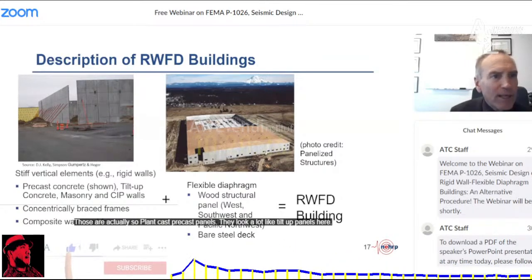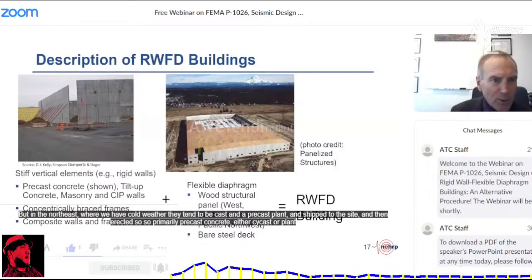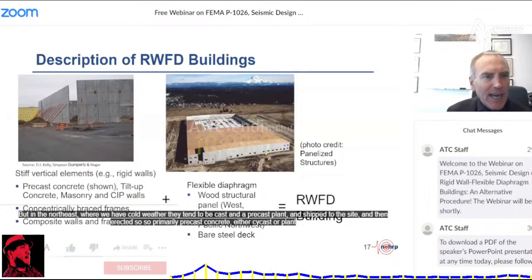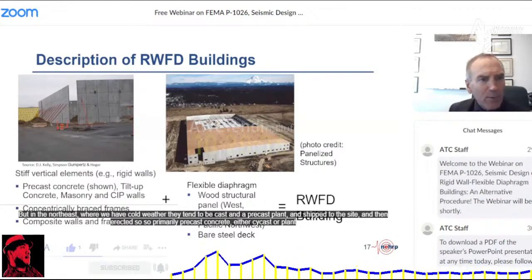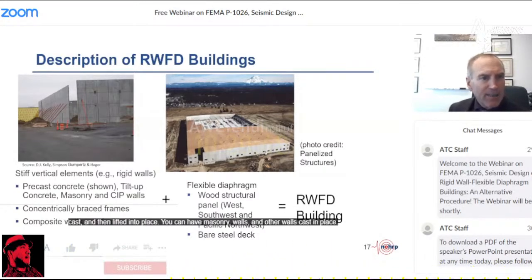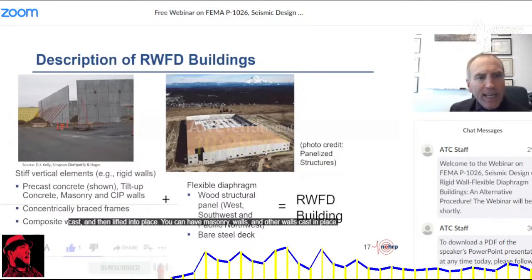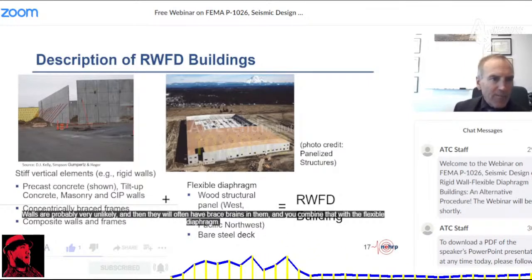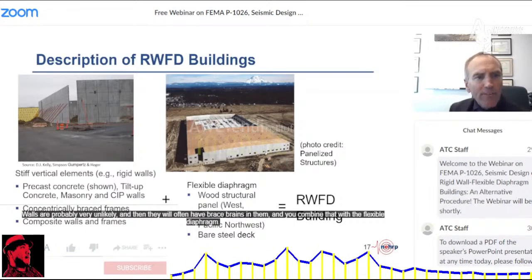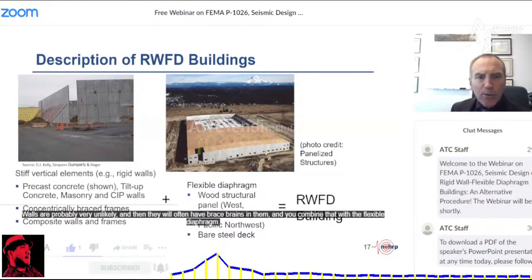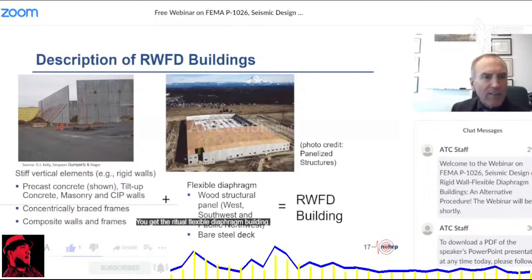They look a lot like tilt-up panels here, but in the Northeast, where we have cold weather, they tend to be cast in a precast plant and shipped to the site and then erected. So primarily precast concrete, either site cast or plant cast, and then lifted into place. You can have masonry walls and other walls. Cast in place walls are probably very unlikely. And then they will often have brace frames in them. And you combine that with the flexible diaphragm, you get the rigid wall flexible diaphragm building.